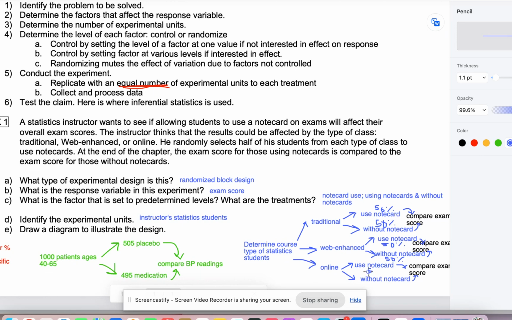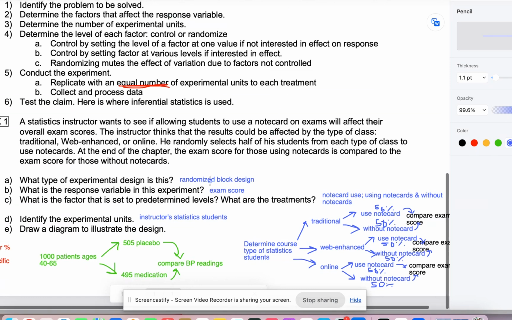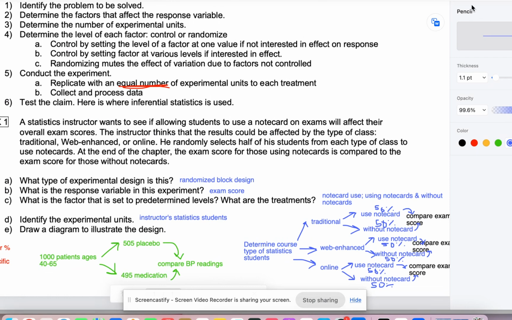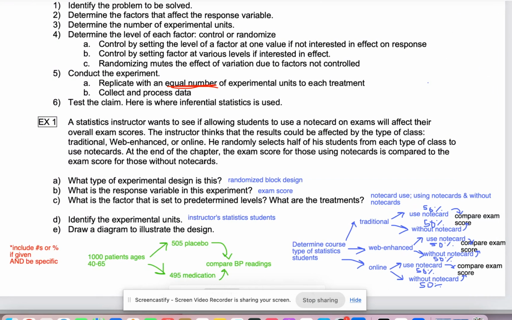So 50% for each. And again, at the end, we're comparing those who used a note card to those who were without a note card for each individual block. Okay, hopefully that makes sense. And I've given you kind of two different examples for how to draw a diagram. That's usually where people struggle the most, is on the diagrams. So hopefully that makes sense, and let me know if you have questions.